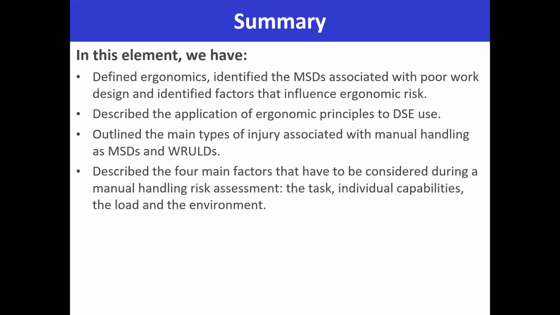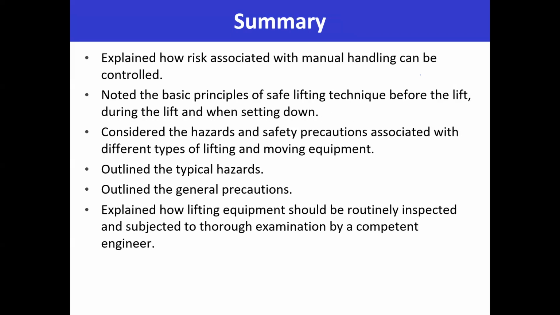Okay, guys, that's the end of this element, which is element number 6. We discussed ergonomics, MSDs, DSE users. We discussed WRULDs, and we discussed the factors to consider while carrying out a manual handling risk assessment as well.